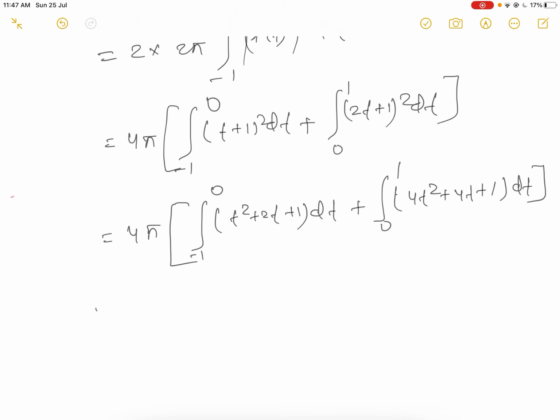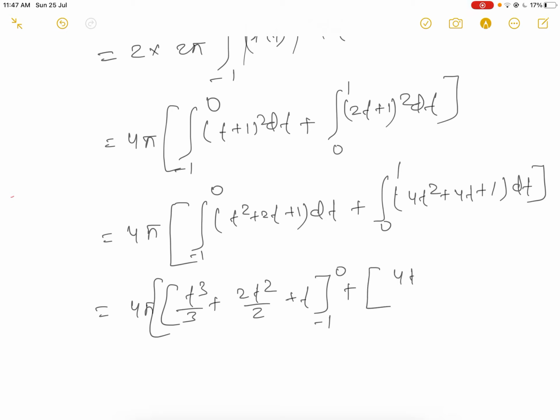So here you can calculate it: 4 pi times [t cubed by 3 plus 2t squared by 2 plus t, with limits minus 1 to 0, plus 4t cubed by 3 plus 4t squared by 2 plus t, with limits 0 to 1].